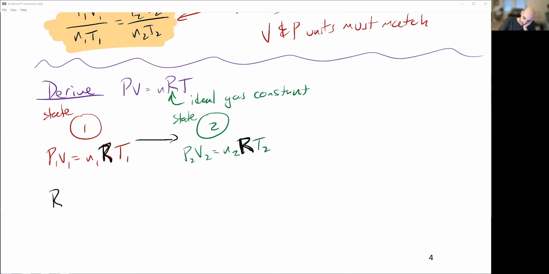R is equal to P1 V1 all over N1 T1, and we're going to have the same thing for the other side: R is equal to P2 V2 all over N2 T2. Now I just want you to set both of these equal to R.